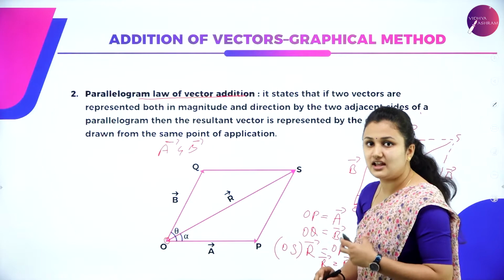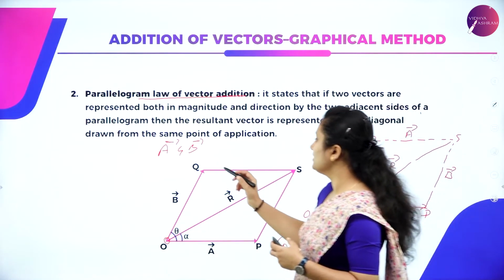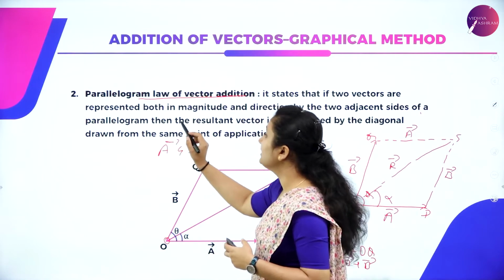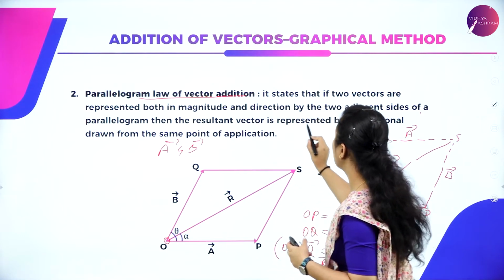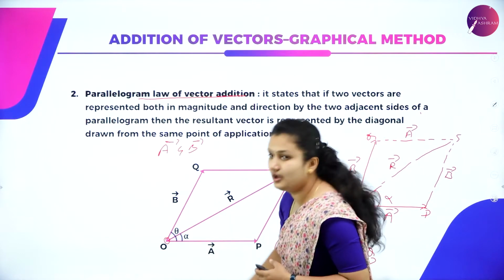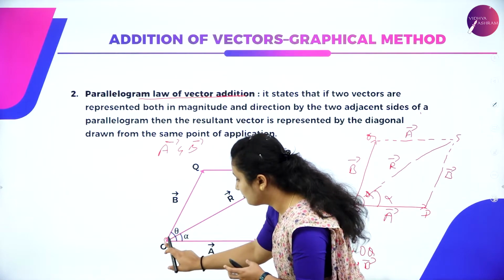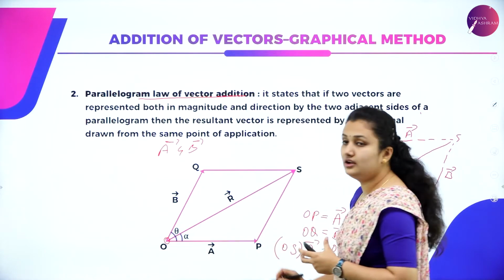From the adjacent sides only we'll draw the diagonal of the parallelogram. Then the resultant vector is represented by the diagonal drawn from the same point of application, where the two adjacent sides connect, at point O. From here we'll draw the diagonal.